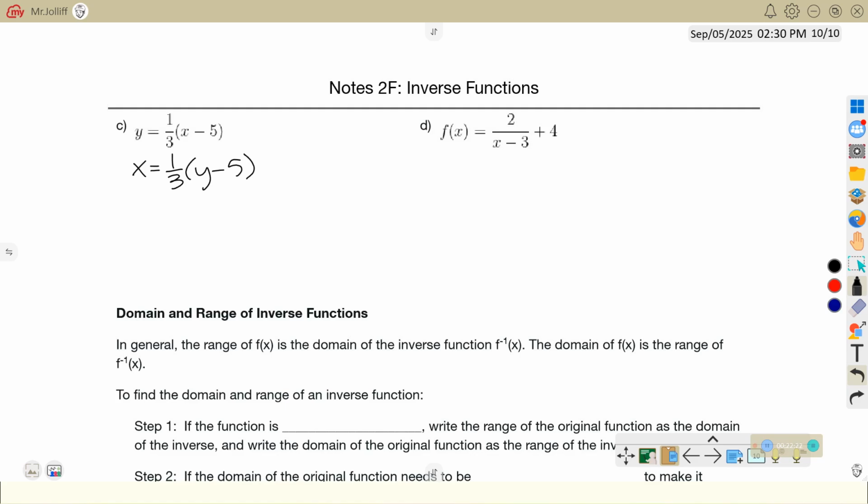Oh, I think we forgot what step 1 is. What is step 1? Make sure it's 1-to-1. It is. I know it is. How do you know it is? It's linear. Good. Very good, Bruno. Just like that example on the front. This guy's linear. We know linear is 1-to-1. Yeah. You have to explain that as a first step.